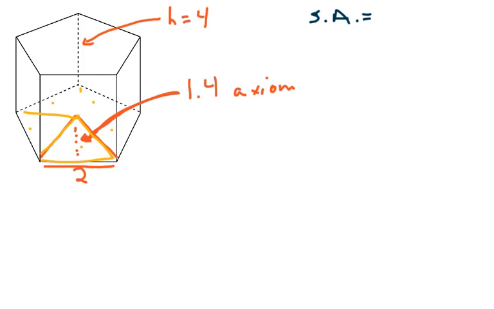You can see if I keep drawing them out how those make up the area of the bottom. So I'm going to write this formula out for myself. I've got base times height divided by 2, a triangle. I've got 5 of those triangles, and I've got a top and a bottom, so I'm going to times that by 2.